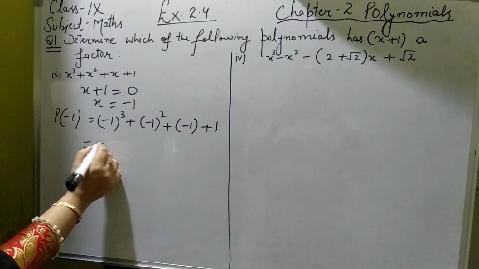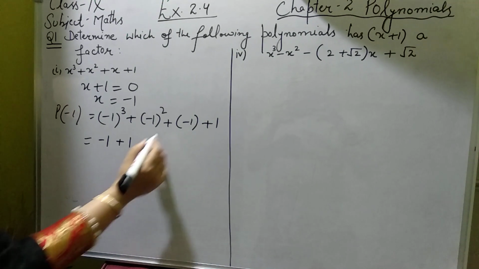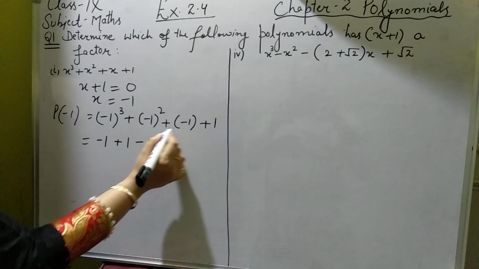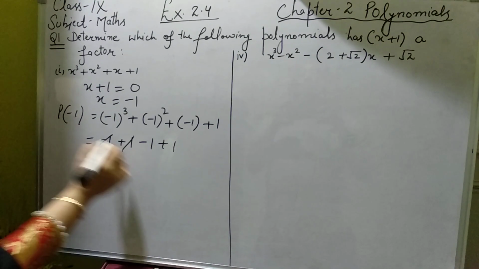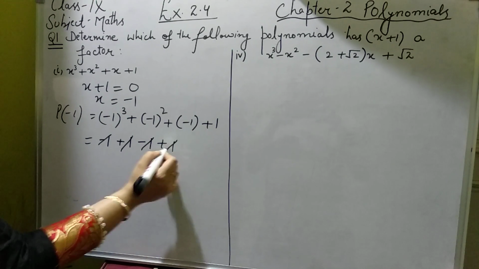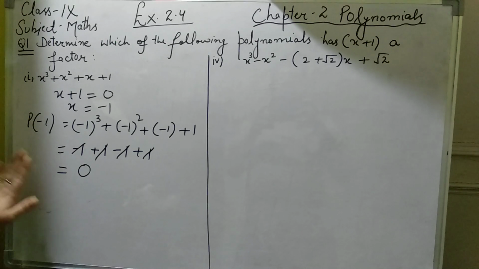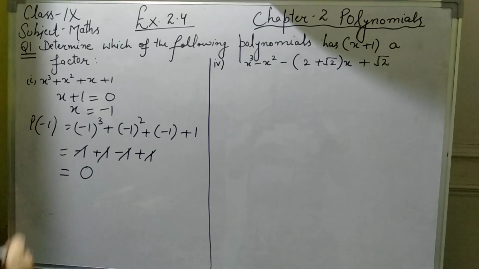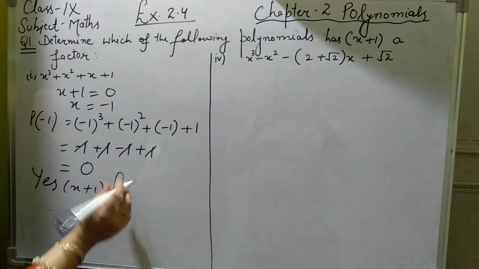Minus 1 cube is minus 1, plus minus 1 square is plus 1, plus minus 1, plus 1. The minus 1 and plus 1 cancel, minus 1 and plus 1 cancel. So the answer is 0. Now if p of the real number, that is p of minus 1, is equal to 0, so yes, x plus 1 is a factor of the polynomial.